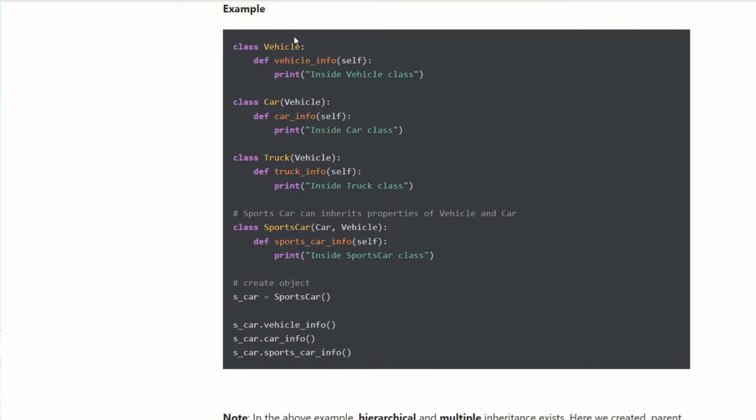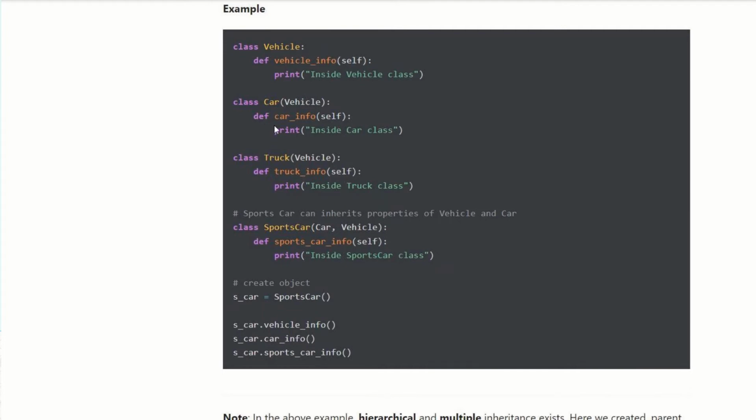This is na usa ka parent class and then duha ka subclass or multiple child classes. Unsa tawag ani? This is hierarchical. Okay? One parent class and then multiple child classes. So si car and the truck inherit the properties of vehicle.